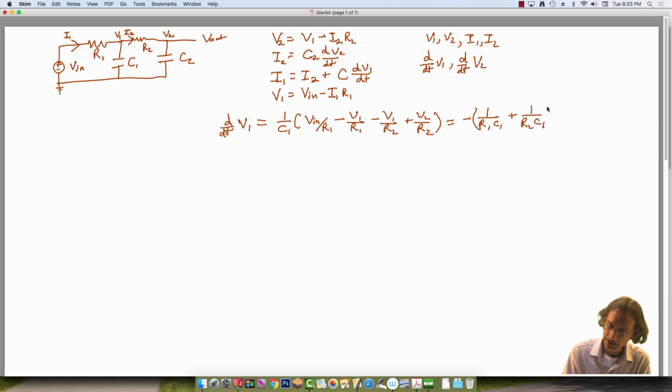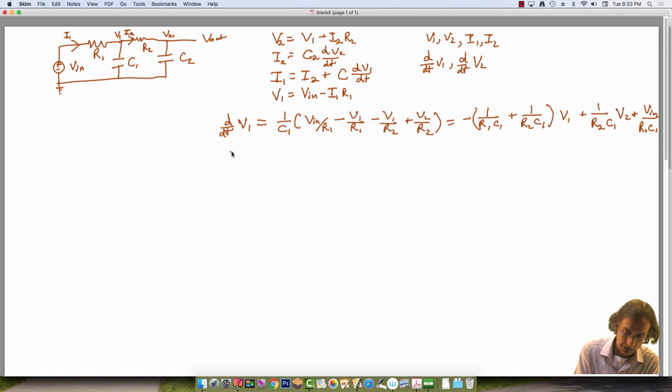So remember, everything here is involving C1 times V1, plus 1 over R2 C1 V2 plus V in divided by R1 C1. So this is an equation that connects the derivative of the voltage on capacitor 1 to the voltage on capacitor 1, the voltage on capacitor 2, and the input voltage.